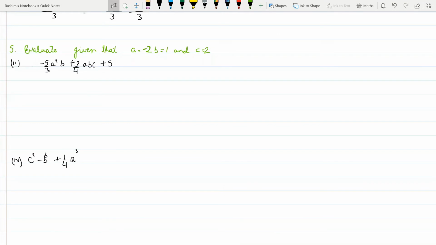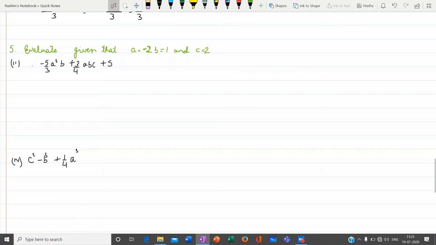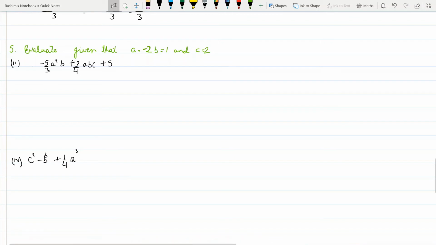Now in question number 5 we have to evaluate, given that a is equal to -2, b is equal to 1 and c is equal to 2. The question is -5 upon 3 a square b plus 3 upon 4 abc plus 5. So we have to put the values of a, b and c in the expression. So let us do it.